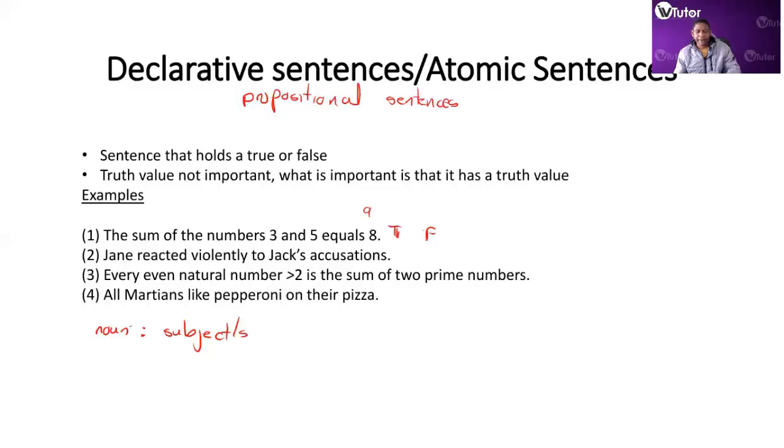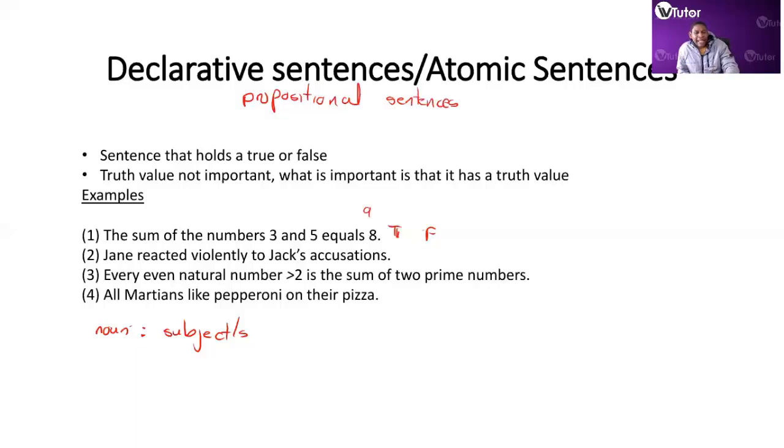In the sum of numbers 3 and 5 is equal to 8, we are looking at 2 subjects, 3 and 5. In Jane reacting violently, the subject is Jane. For every even natural number, the subject is the even natural number greater than 2. For all Martians like pepperoni on their pizza, the subject is Martians.